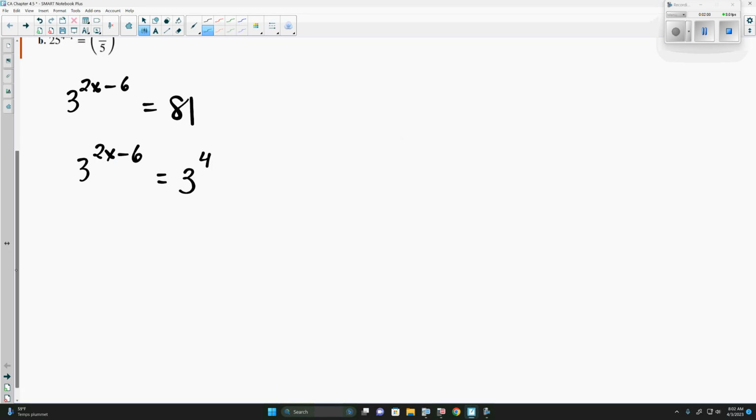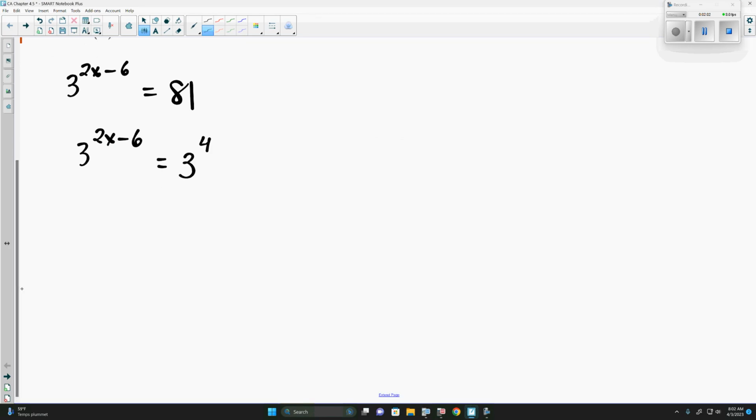And now what we have is this equivalent exponentials or one-to-one property. Because if the bases are the same, then the exponents have to be the same also. That's the only way these two can be the exact same. So really what we're saying is that 2x minus 6 is equal to 4.